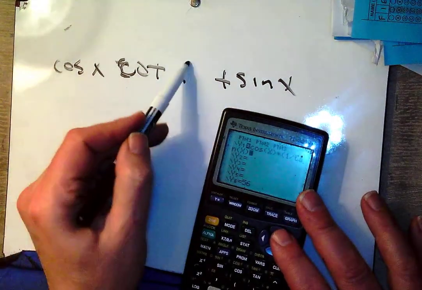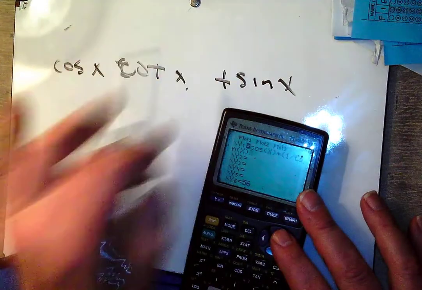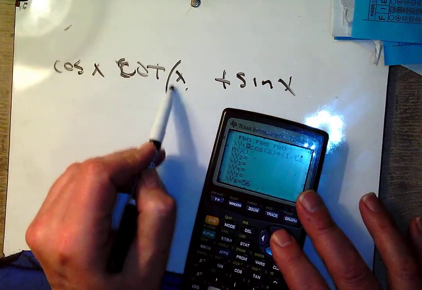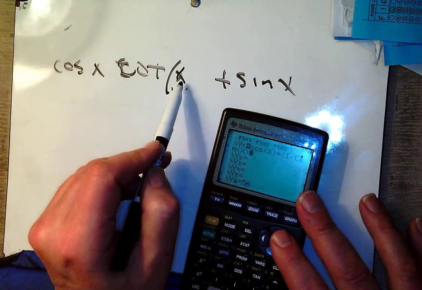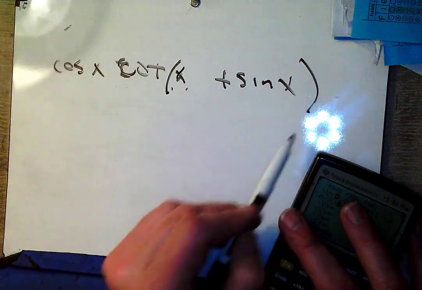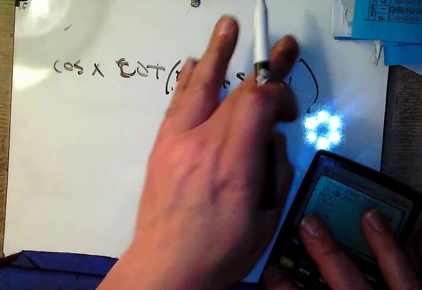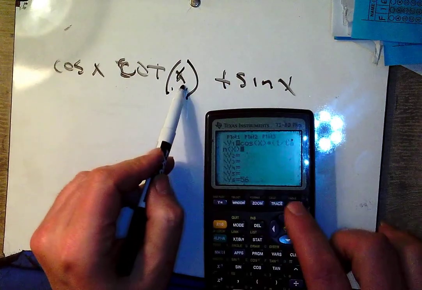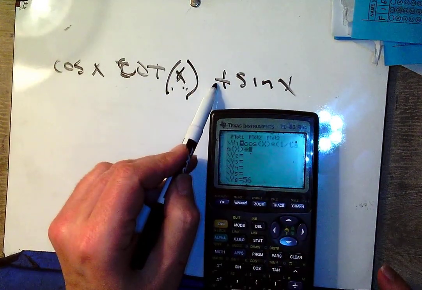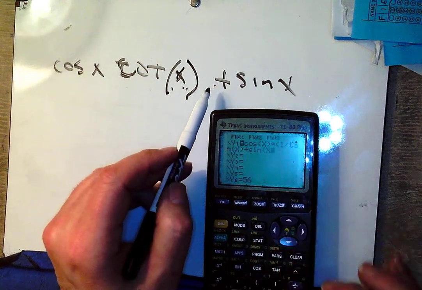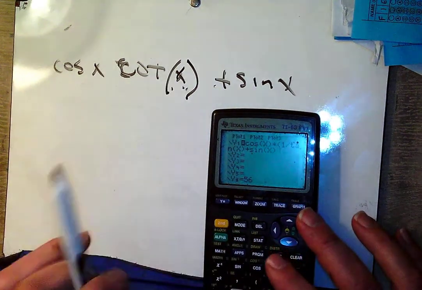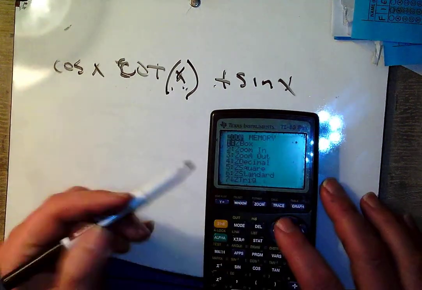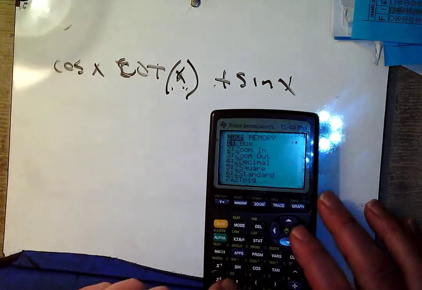Close that parenthesis, right? If you don't close that parenthesis, the calculator automatically opens a parenthesis. If you don't close that parenthesis, the calculator thinks you mean this. And you don't mean that. So close that parenthesis, then a plus symbol, and then a sin x. Okay? So zoom, and how about zoom trig? 7.